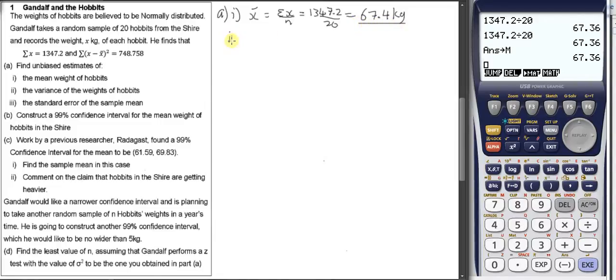Part 2. Unbiased estimate of the variance. Well, we've only got a sample, so we have to do the sample variance, s squared. And again, we just have to remember the formula. It's the sum of the squared distances from the mean divided by, in this case, n minus 1. So that's 748.758 divided by 19. So back to the calculator.